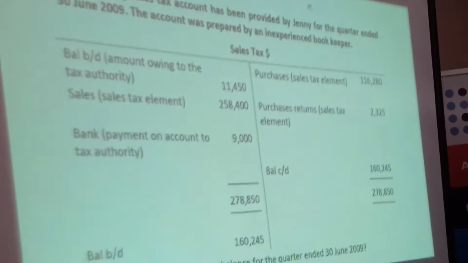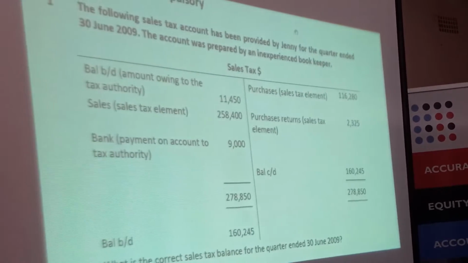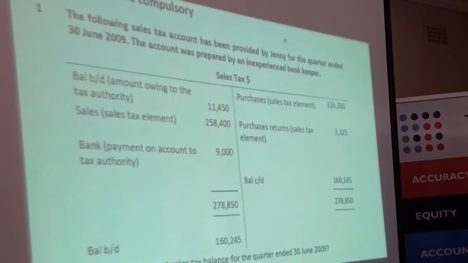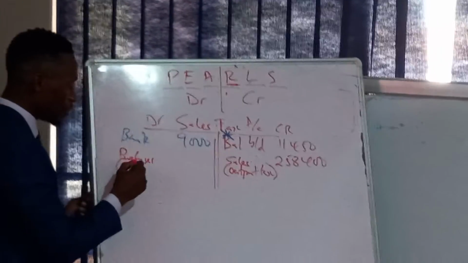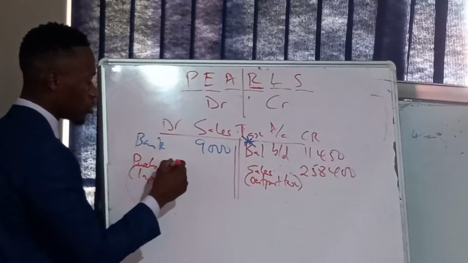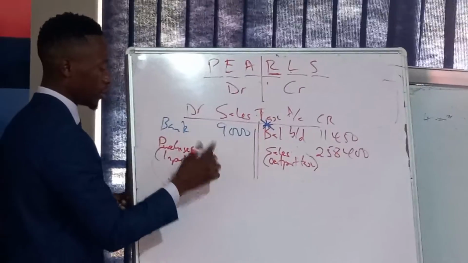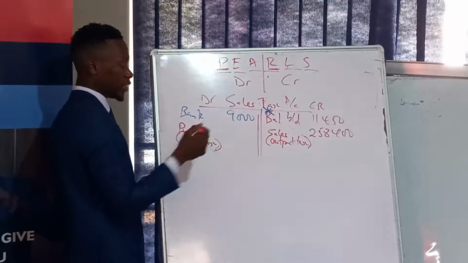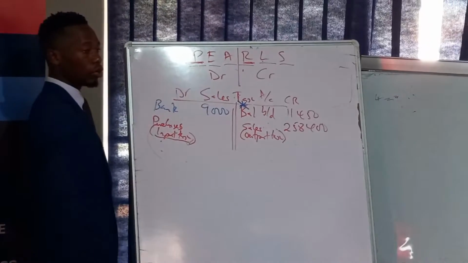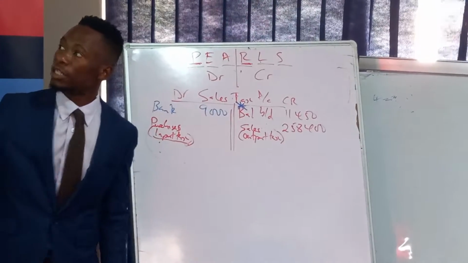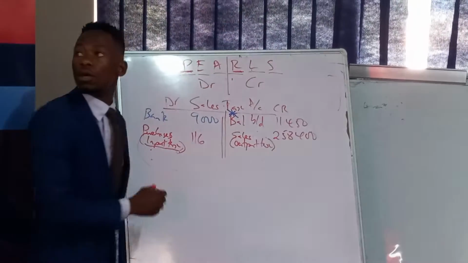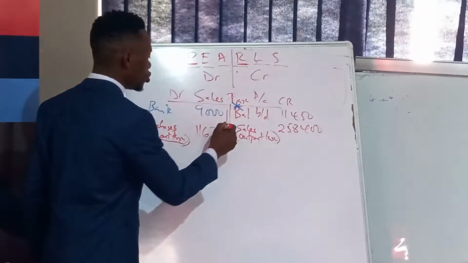Right, we are left with the purchases and the purchase returns. Common sense here, if the sales are on the credit side, the purchases will be on the opposite side. The sales tax element, this is the input tax that we are collecting for the purchases, right? Purchases, they are represented by debit. Therefore, the tax that we collect, it will also be on the debit. So 116,280. Common sense, guys.